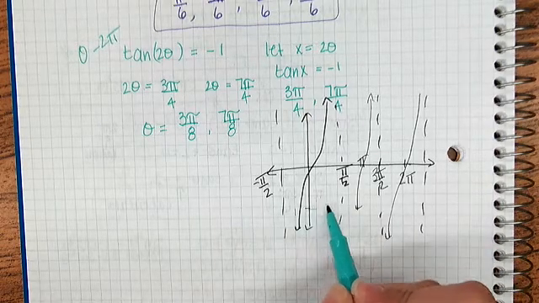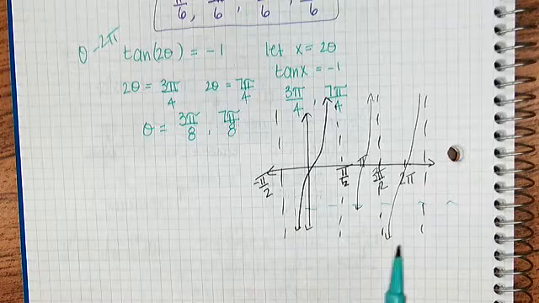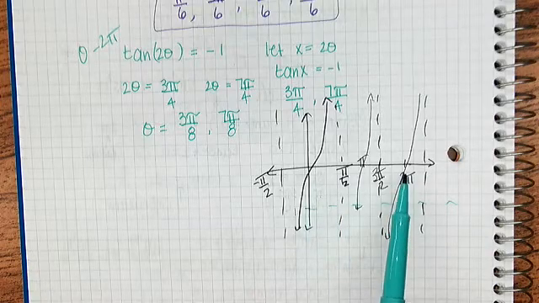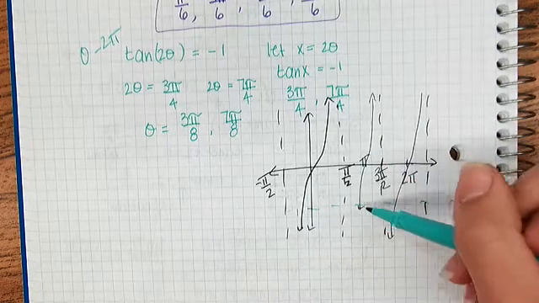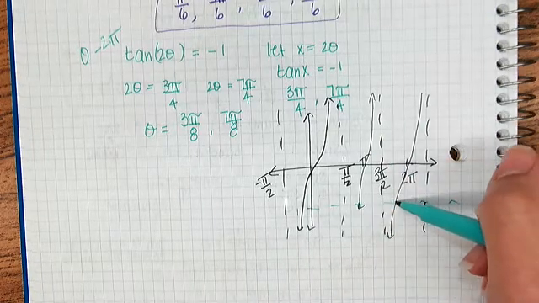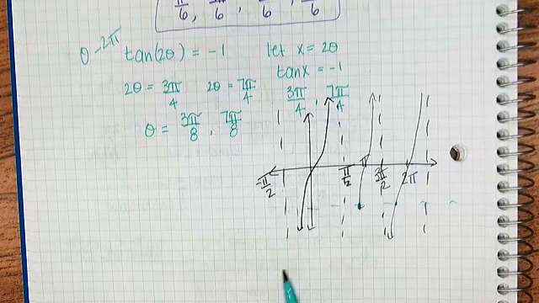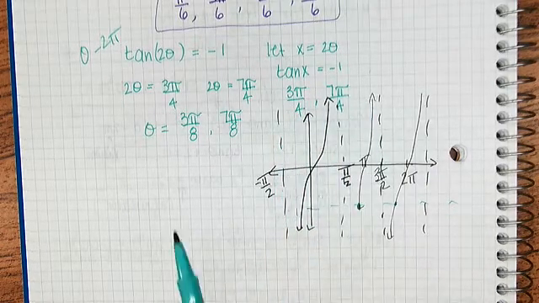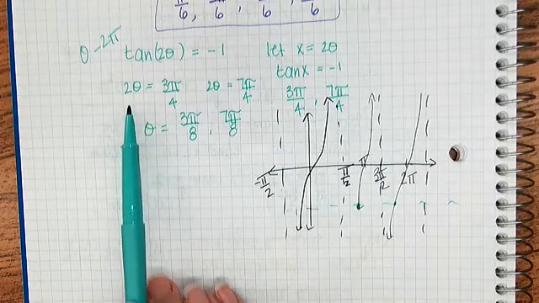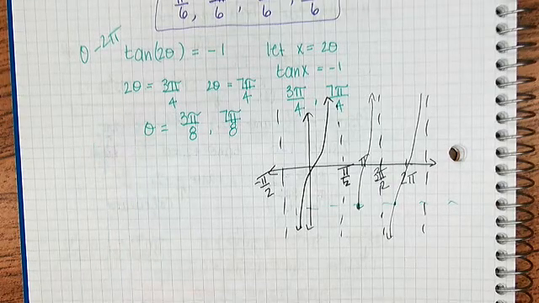If I'm going across from 0 to 2 pi, my line crosses the graph in 2 places, which is how I got 3 pi over 4 and 7 pi over 4. But now I'm multiplying that angle times 2.